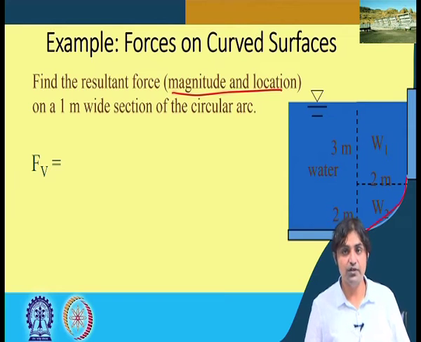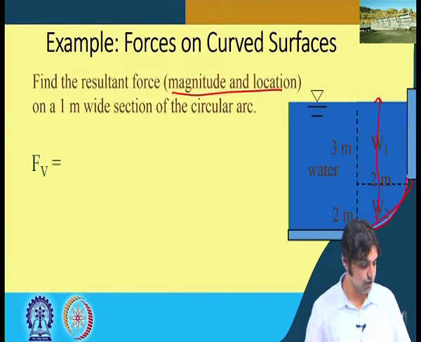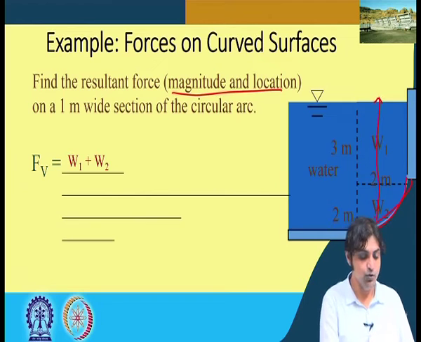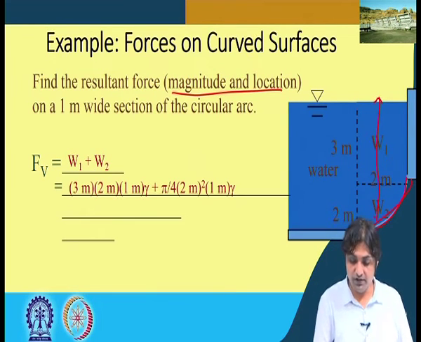So what is going to be the vertical force? According to the definition, it should be the weight of the liquid above this curved surface extending from here up to the free surface. So basically what is that? W1 plus W2. W1 is very simple, it's 3 meters into 2 meters into 1 meter, because that is the dimension told, 1 meter wide section, into gamma of water.